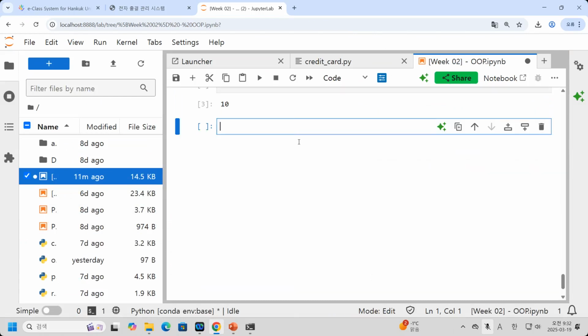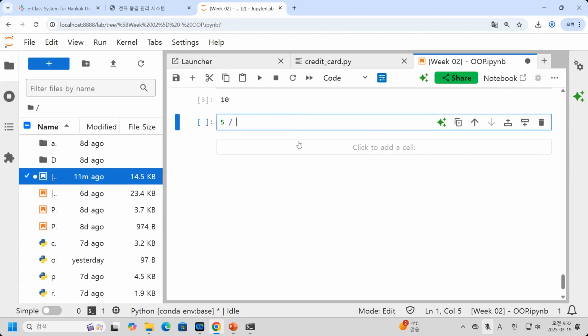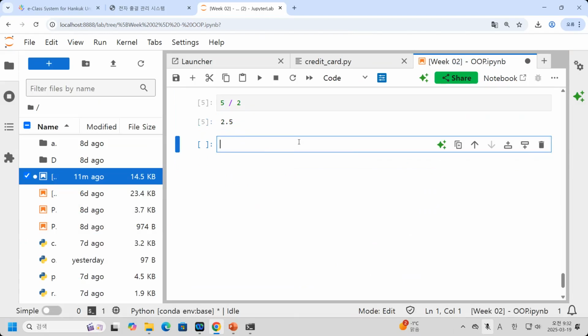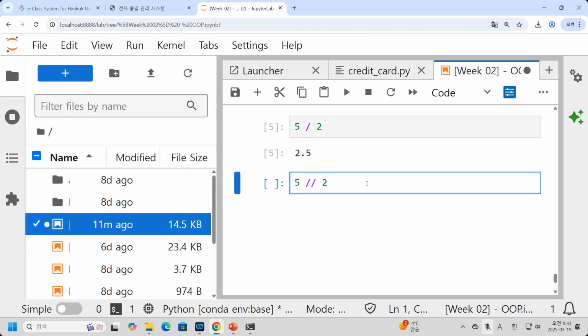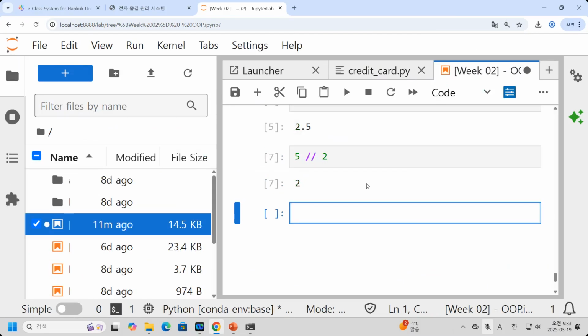And then 5 divided by 2, it is 2.5. Now 5 slash slash 2, what is it? It is 2.